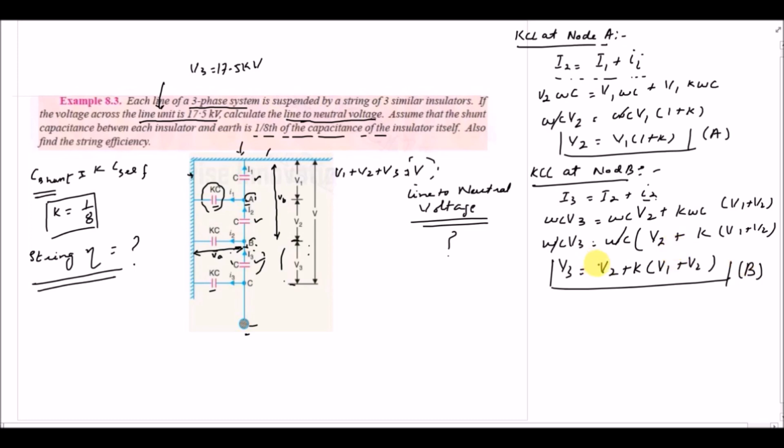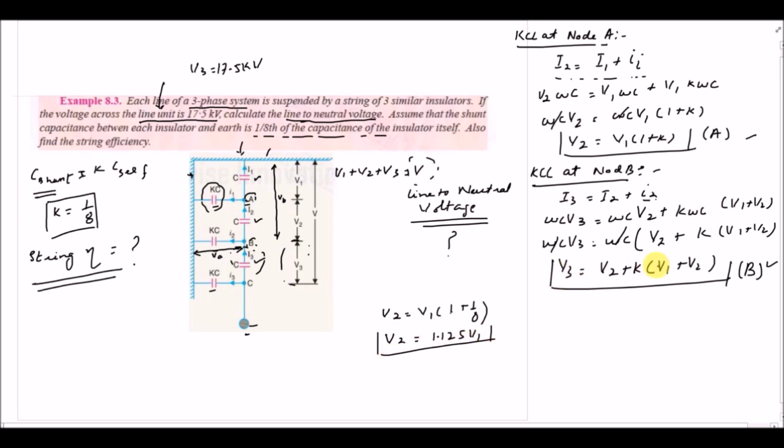Now we know that the value of K is equal to 1/8, and I will use this value in both equation A and equation B. After putting the value of K, equation A becomes V2 equal to V1 into 1 plus 1/8, so V2 is equal to 1.125 V1.